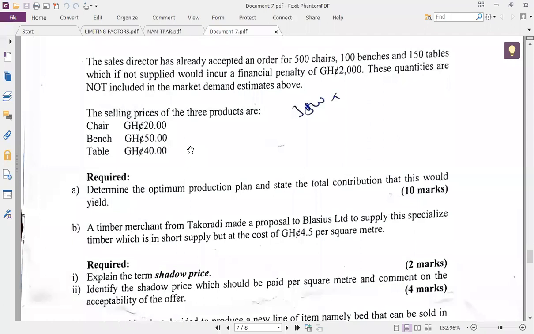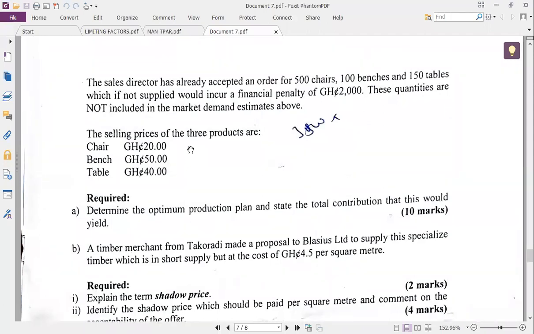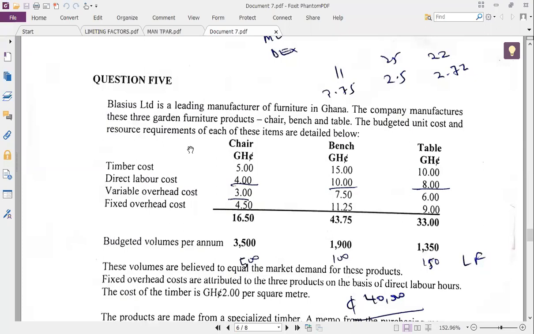Now let's look at the A section. So start by saying Versus Limited is a leading manufacturer of furniture in Ghana. The company manufactures these three garden furniture products: chair, bench, and table. The budgeted unit costs and resource requirements of each of these items are detailed below. Timber cost 5.